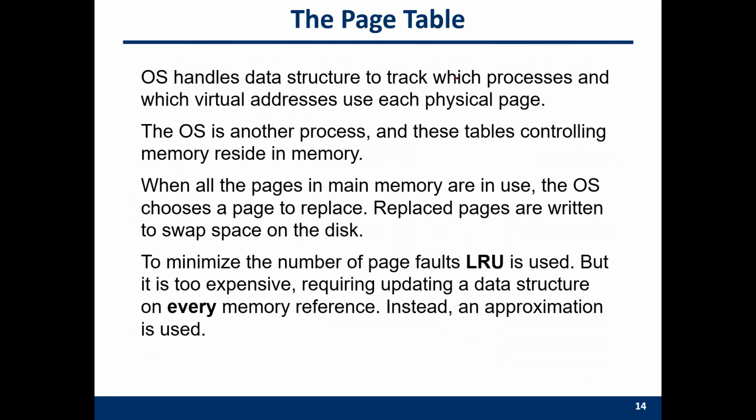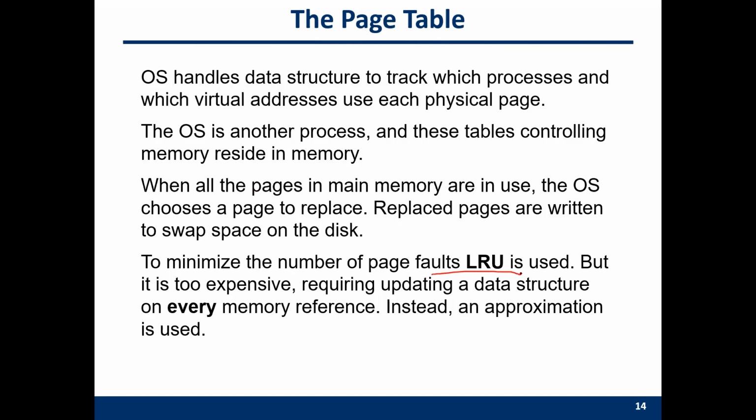And the whole page table is managed by the operating system. The operating system may make a page table for each application. So when all the pages are in the main memory, once you have a page fault, the operating system needs to pick a page to replace. The replaced pages are often written to the swap space on the disk.